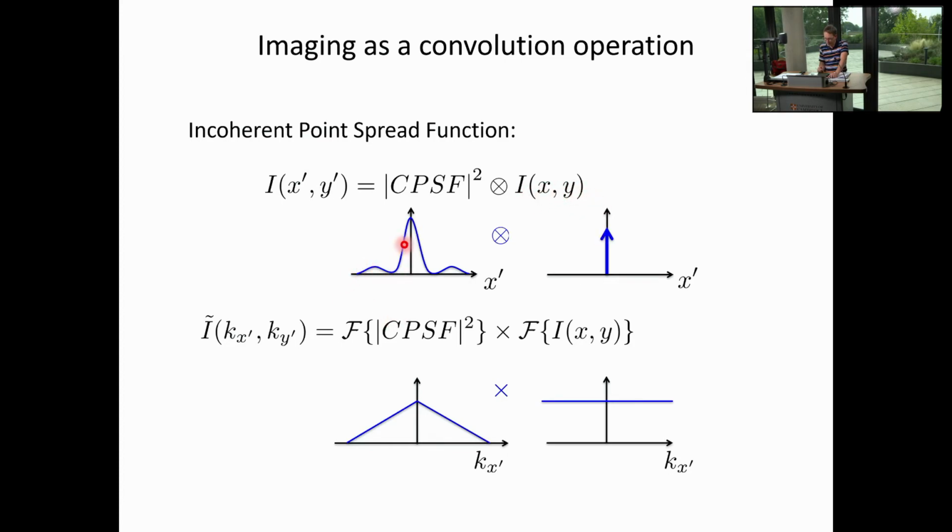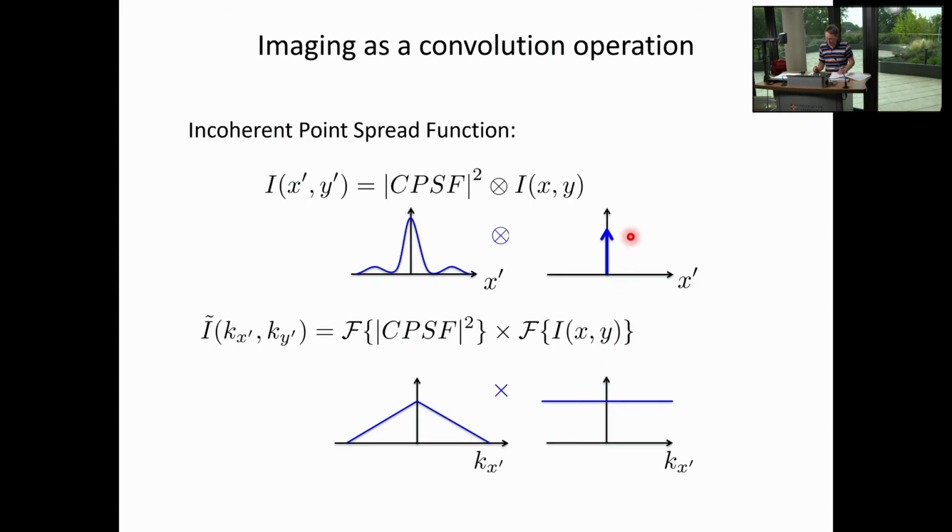So we get a convolution of the coherent point spread function squared with the intensity from an infinitely small image of the point. So that's the original object information, a single point, convolved with the coherent point spread function squared. That would be the intensity distribution.